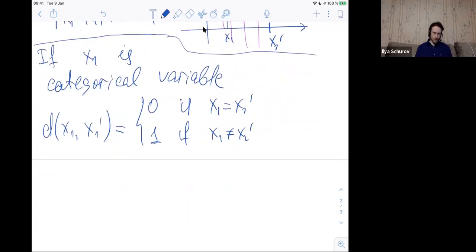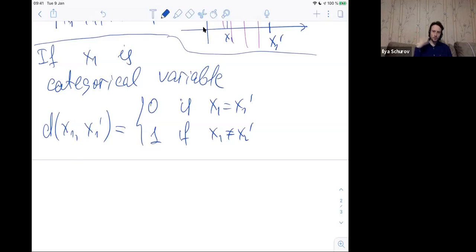But anyway, if you include some categorical variables, then measuring distances becomes a bit complicated. If you have several categorical variables, again, you have to define in some way how you would aggregate the distances given by each categorical variable.